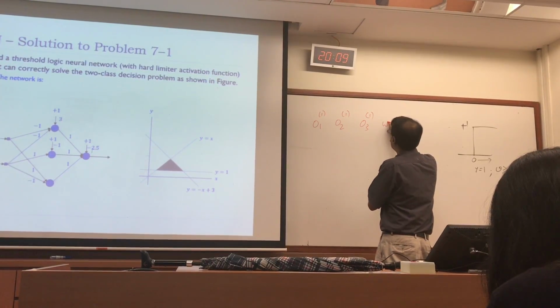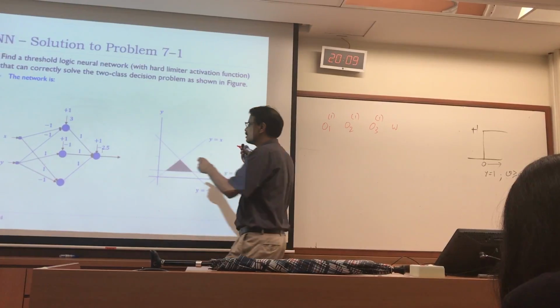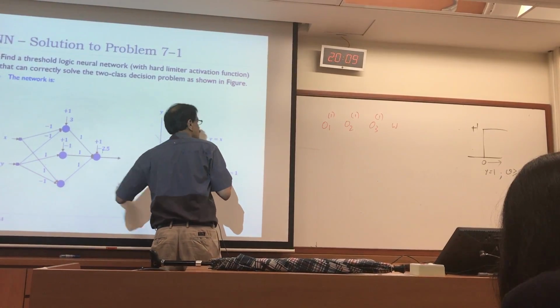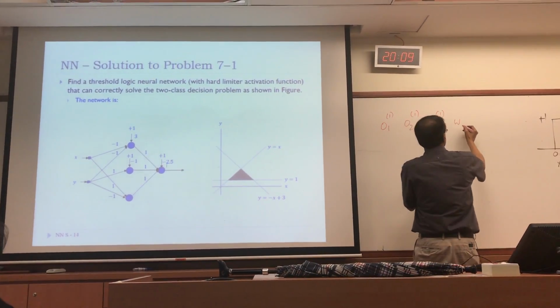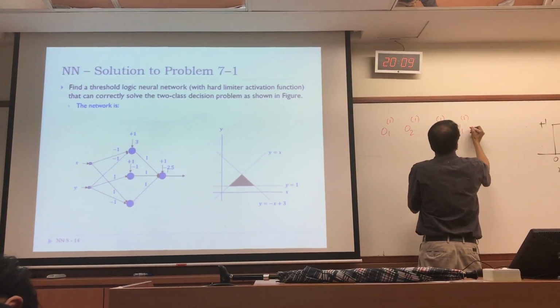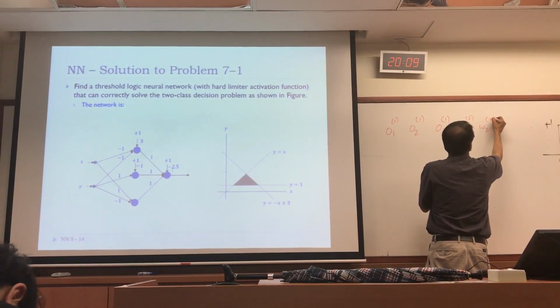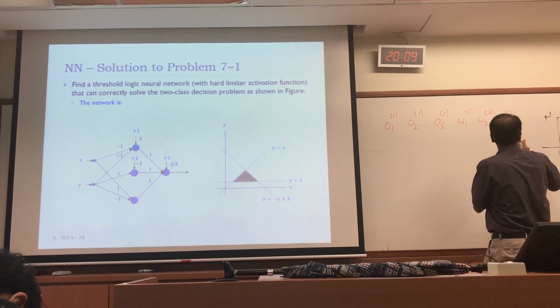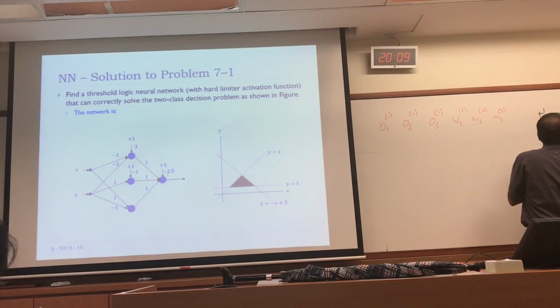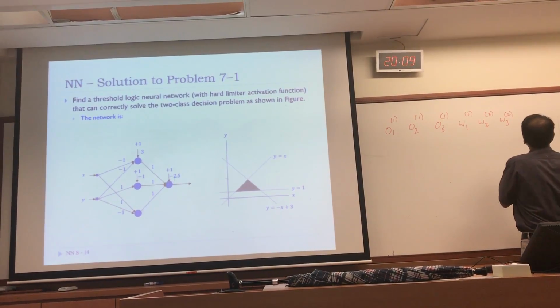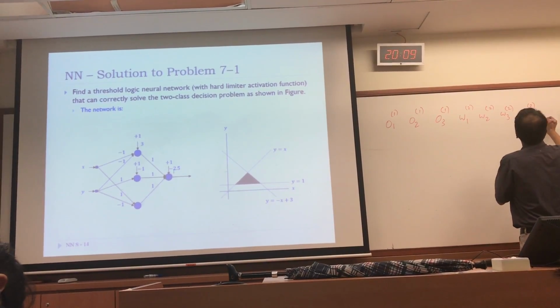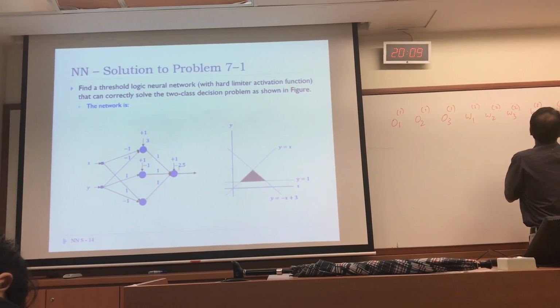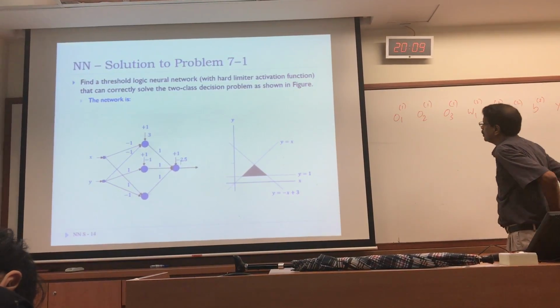Then weights. Let me call these W1, W2, W3 for easy reference. So that is on the second layer. Okay, then the bias at the second layer, then the output at the second layer.